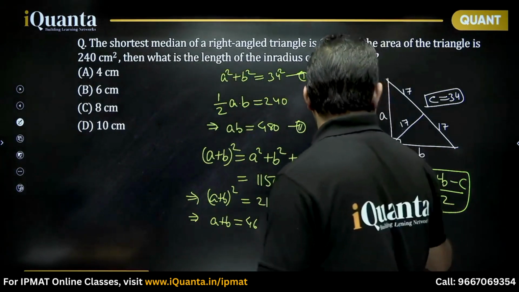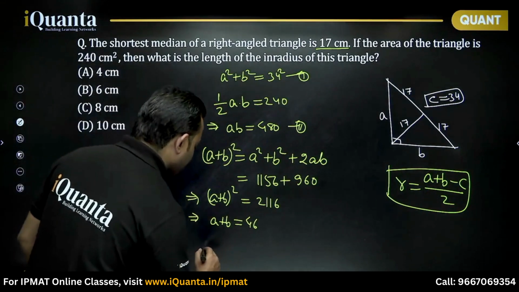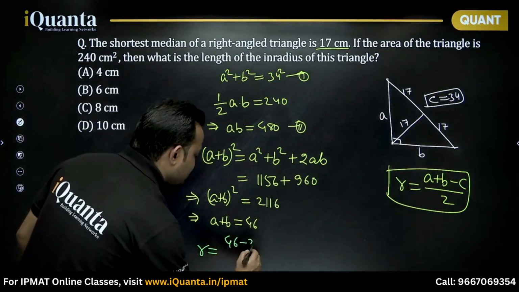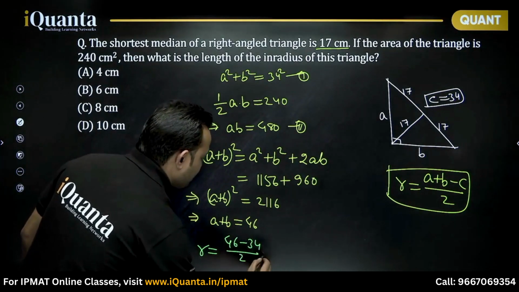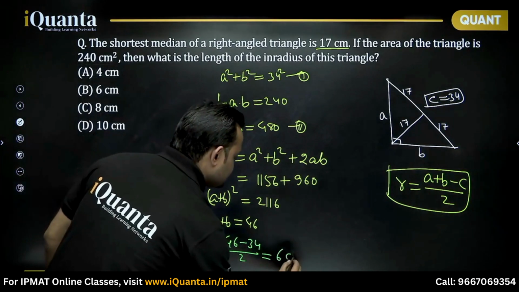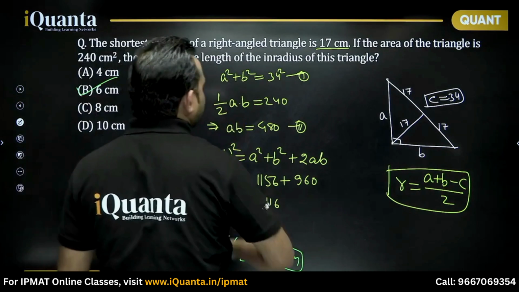So if we want to find the Inradius, Inradius R will be equal to A plus B, which is 46, minus C, which is 34, divided by 2. 46 minus 34 is 12. 12 by 2 is 6 centimeter. So our answer is option B.